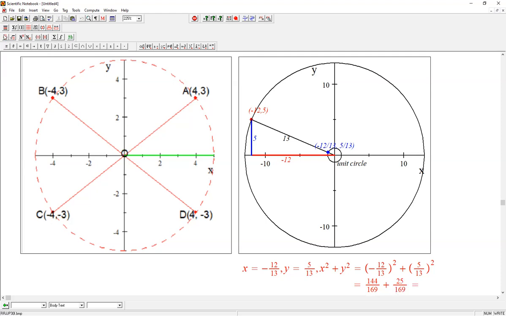And that sum, 144 plus 25, is 169. And with denominator 169, it equals 1. So this point is on the unit circle for sure, because x squared plus y squared is equal to 1.